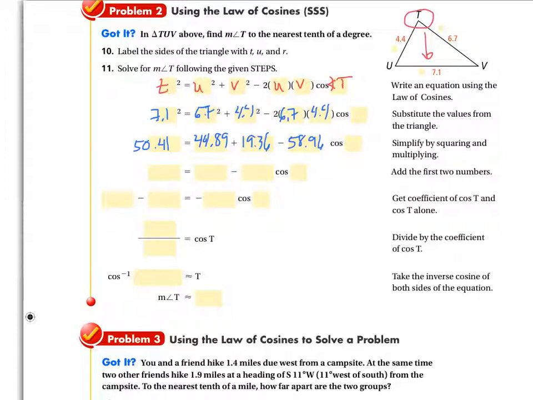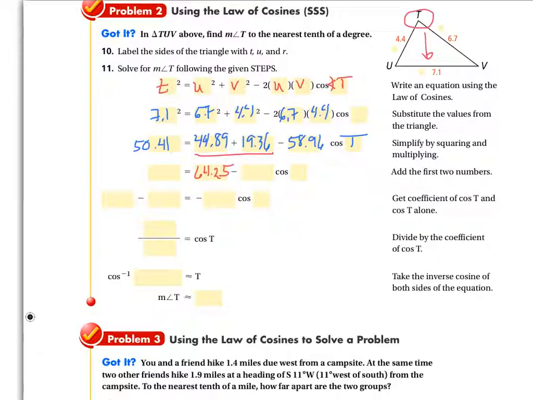Times the cosine of, and I'm not going to put the angle in there, so times the cosine of T, capital T. So then, can't we add together these two? The 44.89 plus the 19.36 is equal to 64.25.